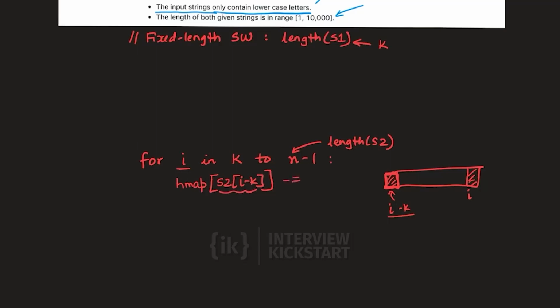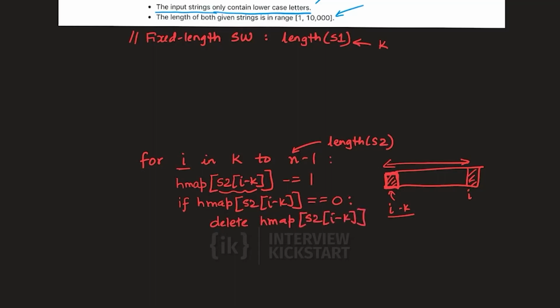I will reduce this by 1, and if the frequency now becomes 0, that means this particular character is no longer found within this subarray or substring. We basically delete that key from the hash table, since we only want to store characters that have a non-zero frequency.